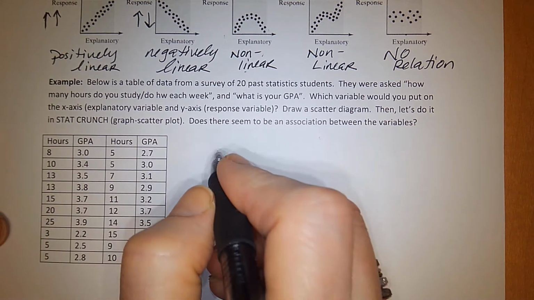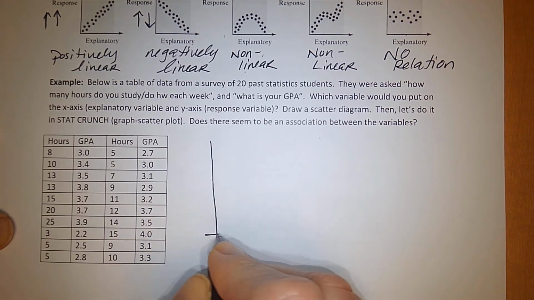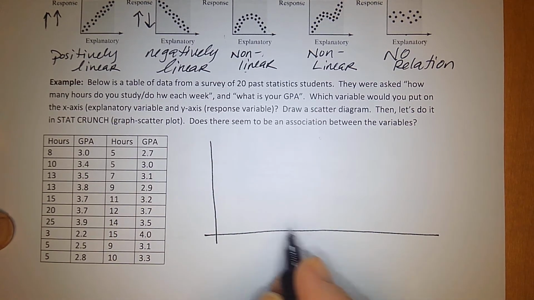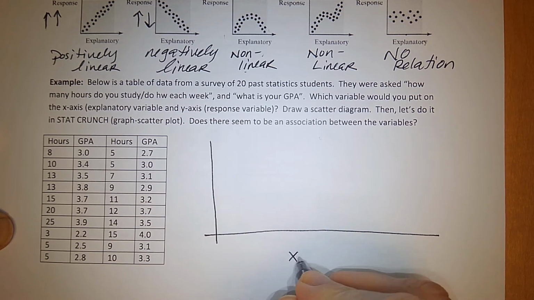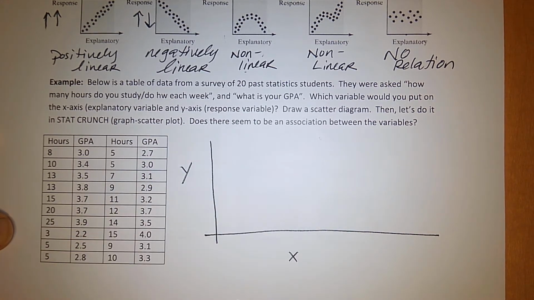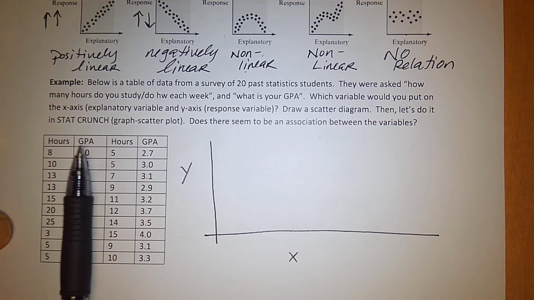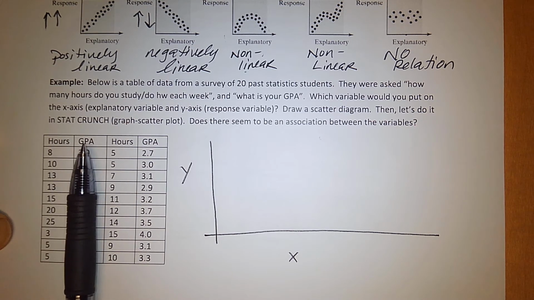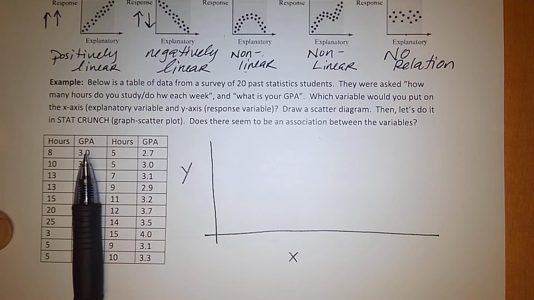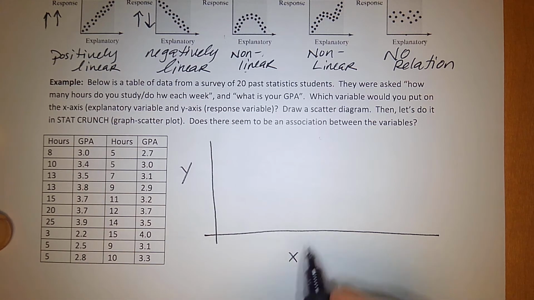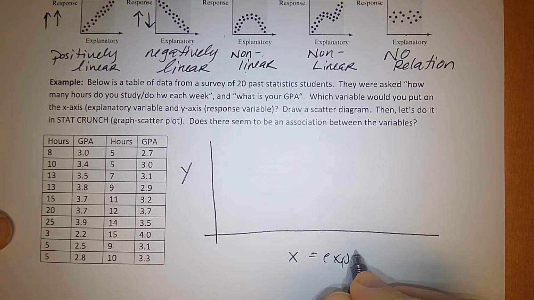So if I were to do this by hand, a scatter diagram has an x-axis and a y-axis. So we were asked, which of these two variables do you think would be x and which one would be y? So x is always going to be your explanatory variable.